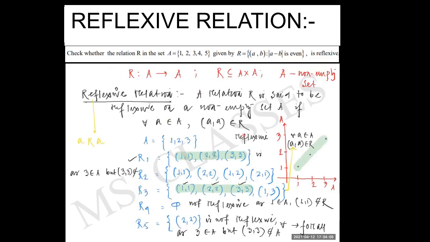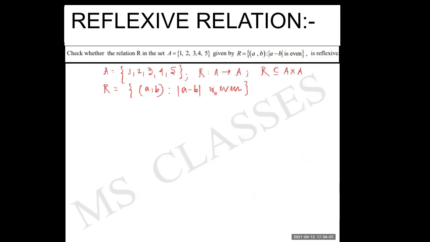So here also, children, if this is the relation given, if I can show that this is true for all of them, then all the ordered pairs should be here. What I mean to say, suppose I pick up (5, 5). In A cross A, I definitely have (5, 5).